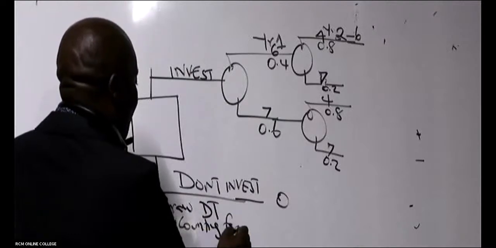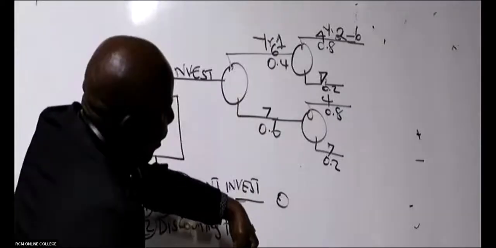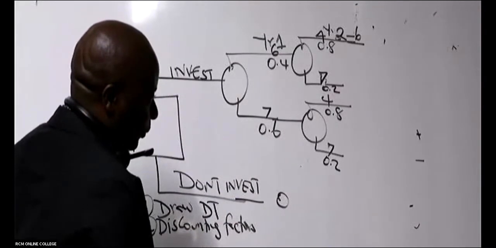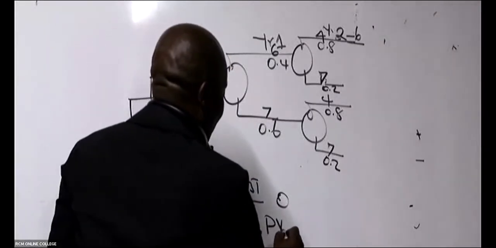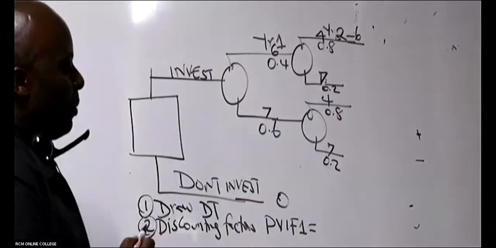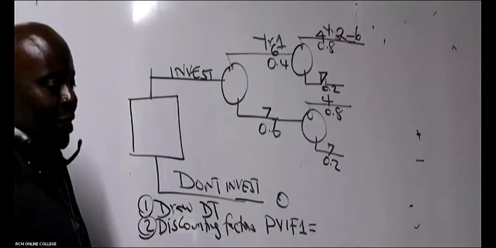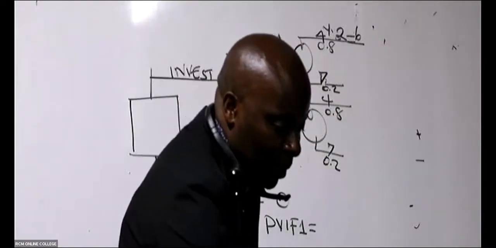For example, at end of year 1 I expect to get a cash flow. So here we have PVF. Are you able to give me that discounted cash flow? Remember, this is 10%, and 10% is in your table.